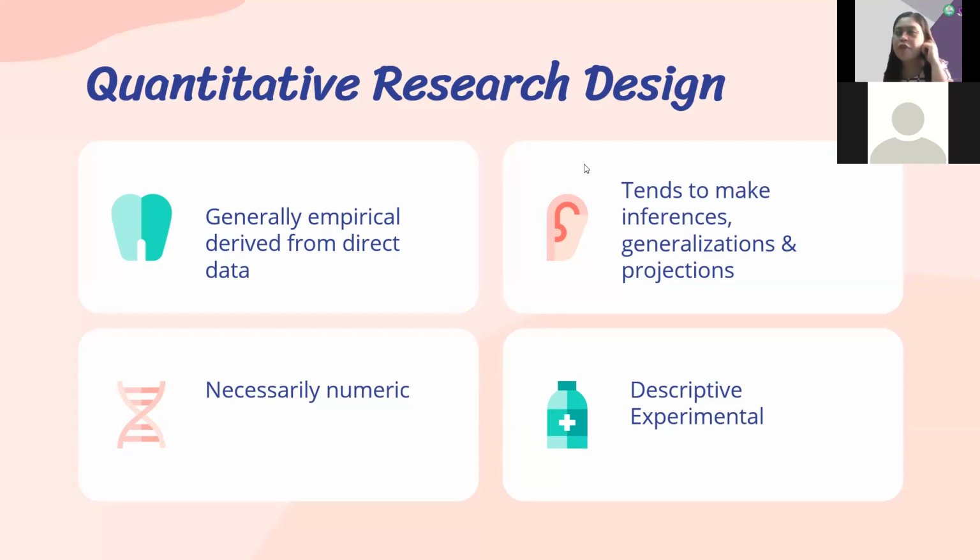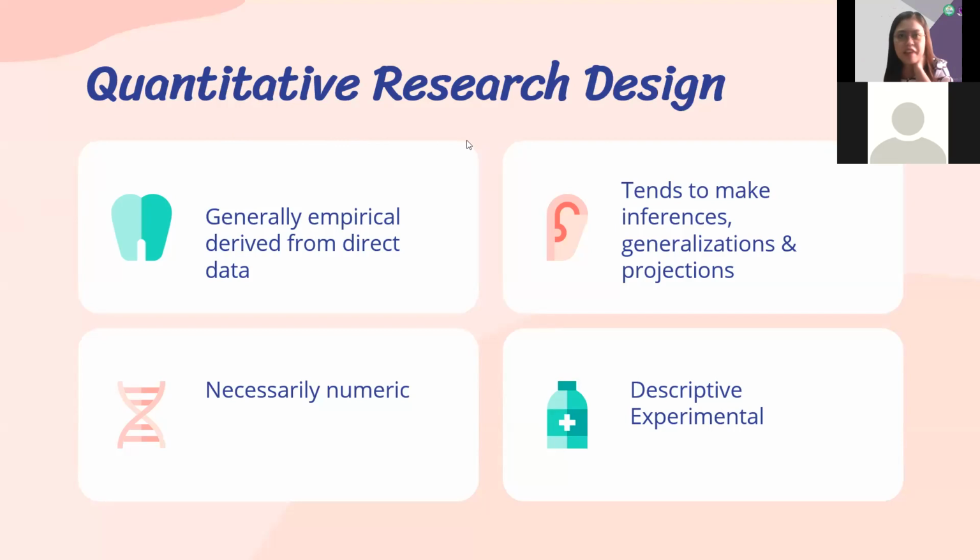And then if you have identified that you can make inferences, you can make conclusions or even generalizations from the data that you have gathered, then again, that will be a quantitative research design.